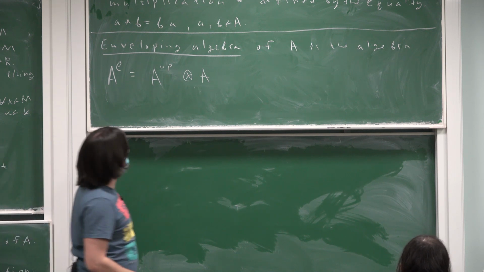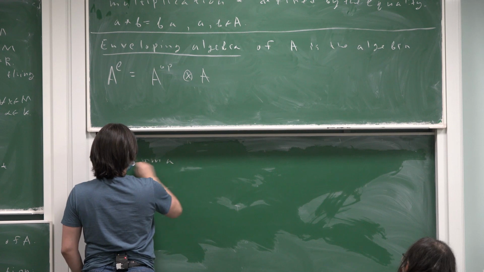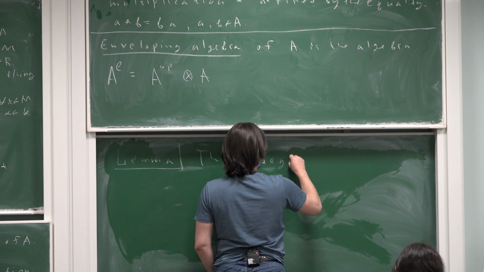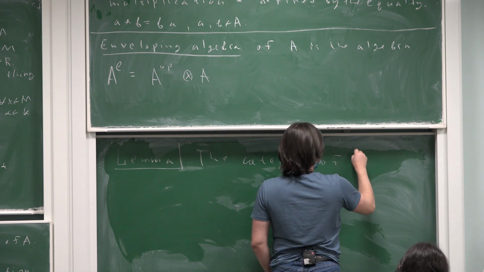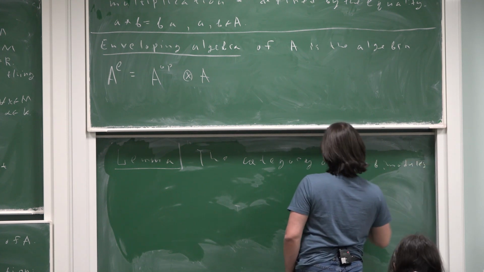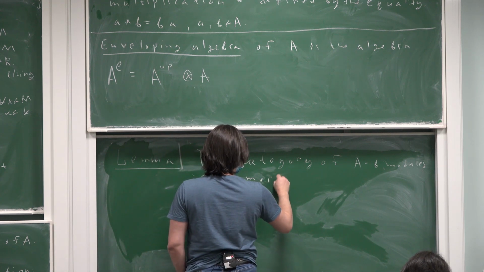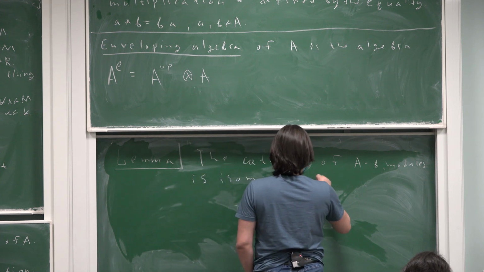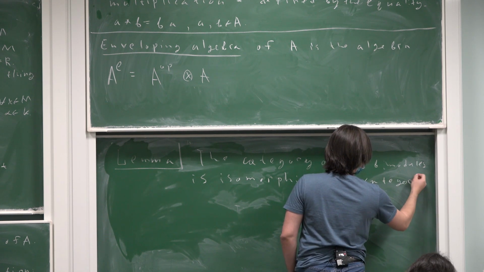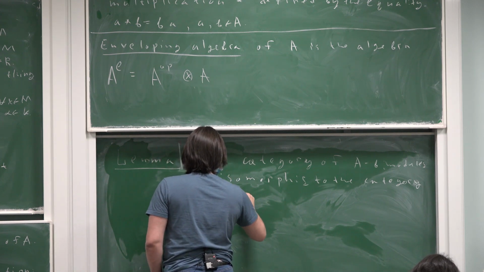So why we need this algebra A^E is we need it because the category of A bimodules is isomorphic to the category of A^E modules.